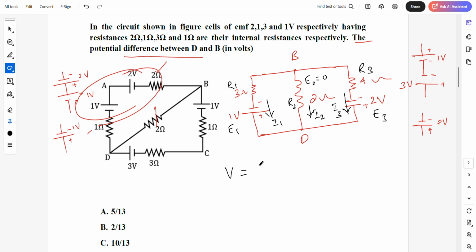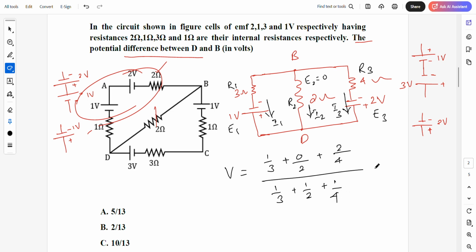The common potential difference is given by E1 by R1, that is 1 by 3, plus 0 by 2 plus 2 by 4, divided by 1 by 3 plus 1 by 2 plus 1 by 4.